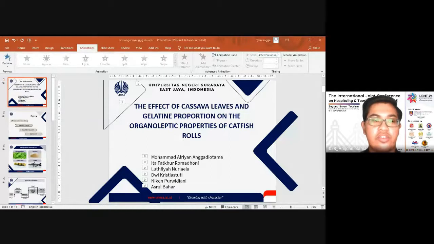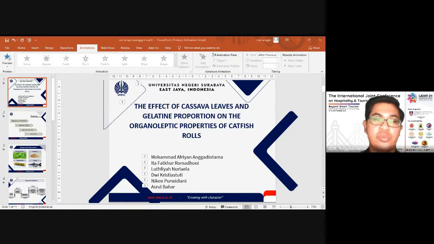Cassava leaf contains vitamin C, vitamin A, beta carotene, potassium, and calcium, but not all people like cassava leaf because the texture of this leaf is rough. The processing of cassava leaf is still very limited, because so far it is only boiled, and this vegetable is sometimes used as animal feed.